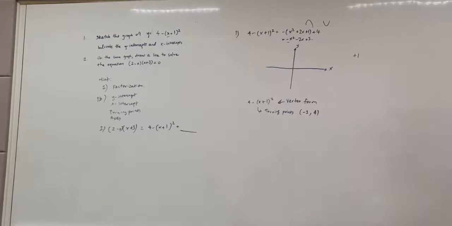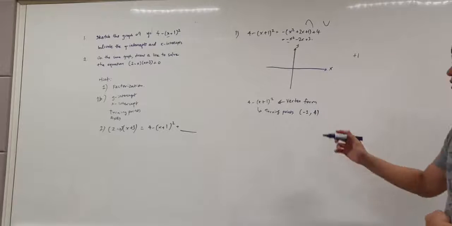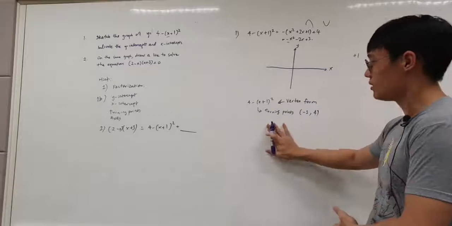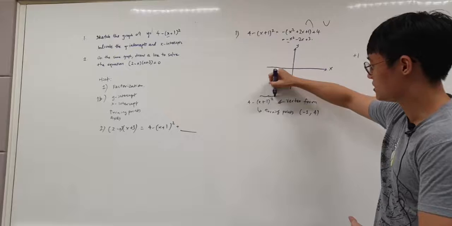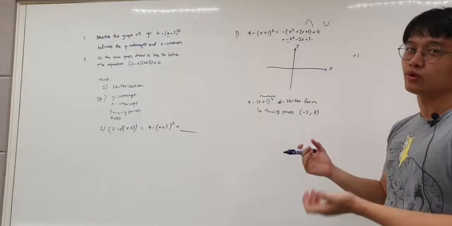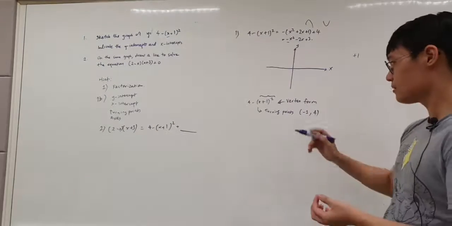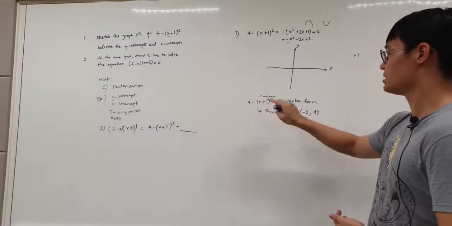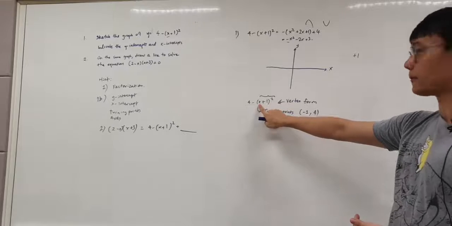How did I get this? To get the turning point, one has to set this thing to be 0. Okay, so how do you get 0 from here? It's basically setting x to be minus 1.